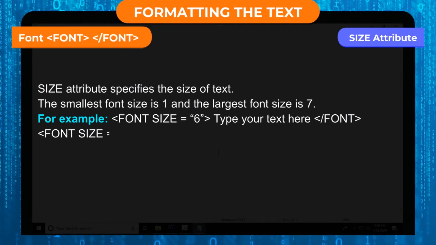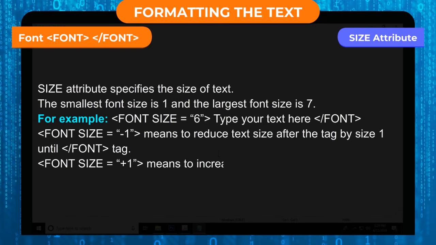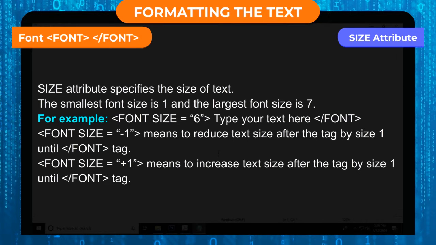Font size is equal to double quotes -1 means to reduce text after the tag by size 1 until off tag font. Font size is equal to double quotes +1 means to increase text size after the tag by size 1 until off tag font.